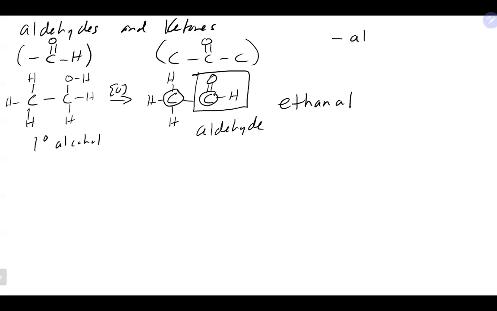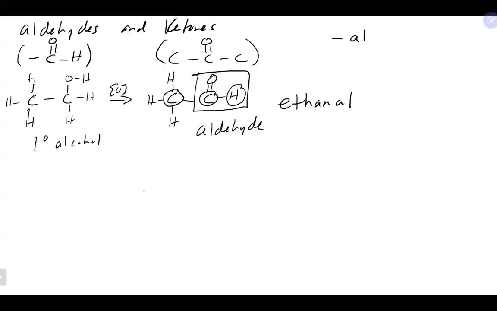It'll be at one end or the other. It's got to always be at the end because of the hydrogen. Hydrogen can only have 1 bond, right? Which means it can never be in the middle. So at the end, which means you don't have to give the location of the carbon-oxygen double bond, but it is assumed to be carbon number 1 for naming things.